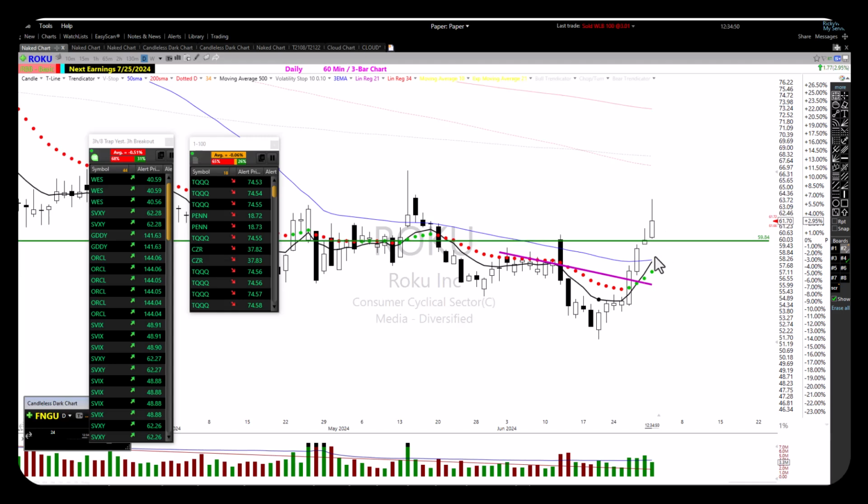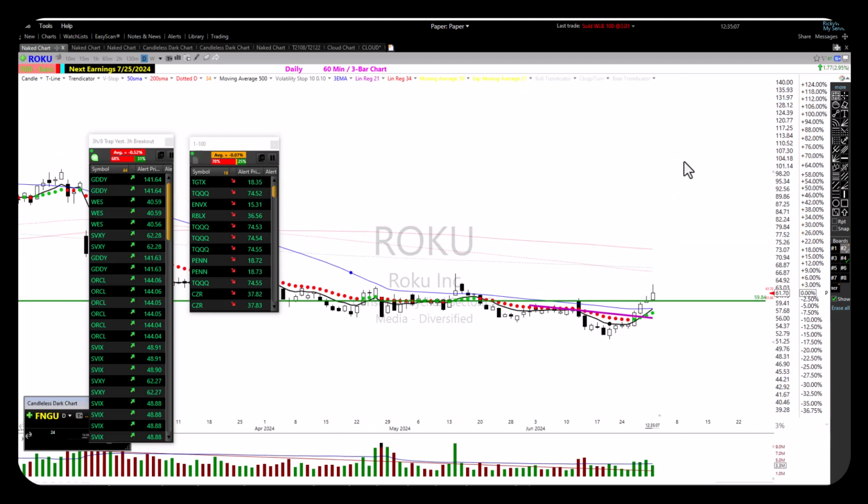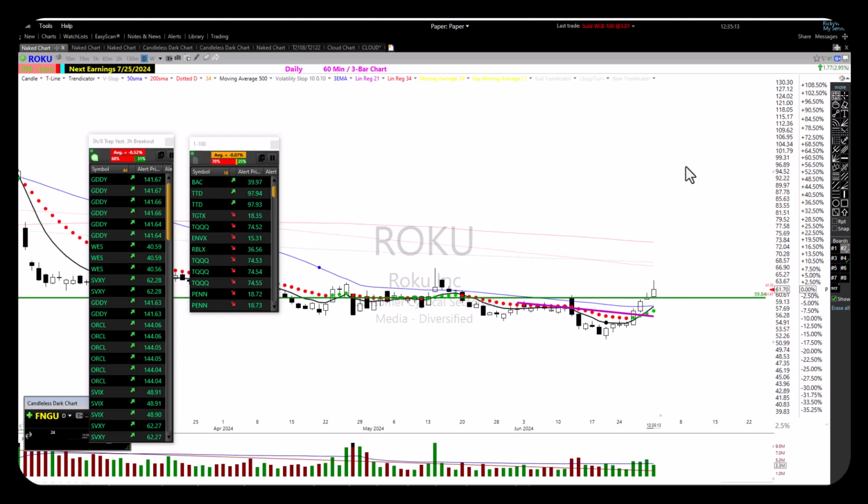And that pullback, as long as we don't pull back real seriously, like below the 50, you're still going to get the T line to cross up. And then you get that moving average crossover that helps with the momentum of that stock. Okay. So overall, I like the trade. Not a new buy, no. But I do like the trade. You're very welcome. Very, very welcome.